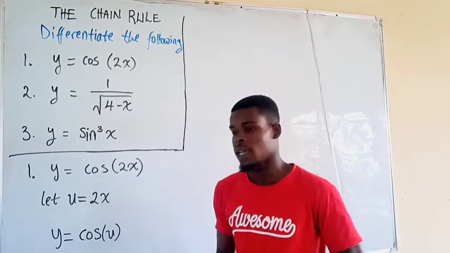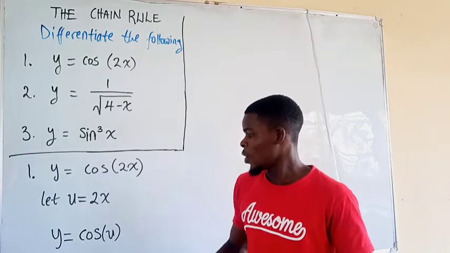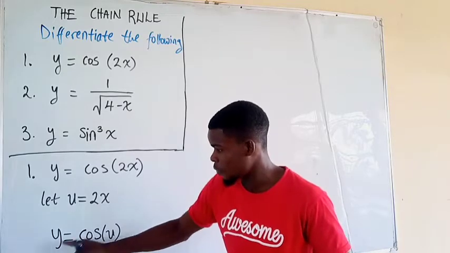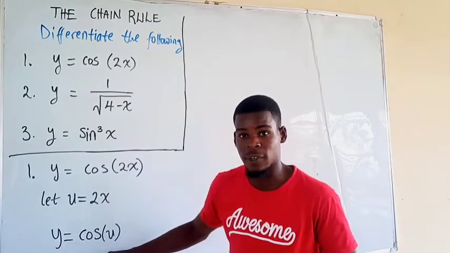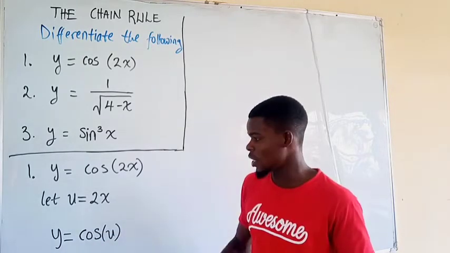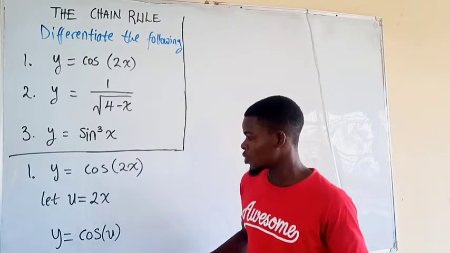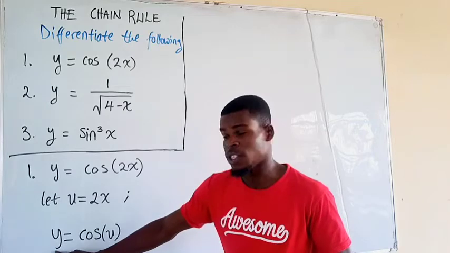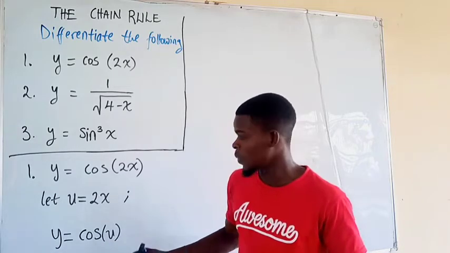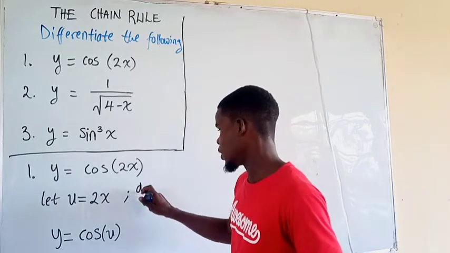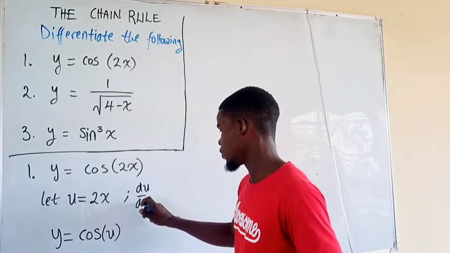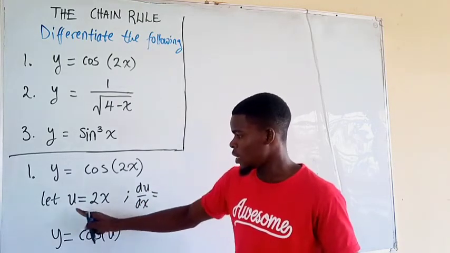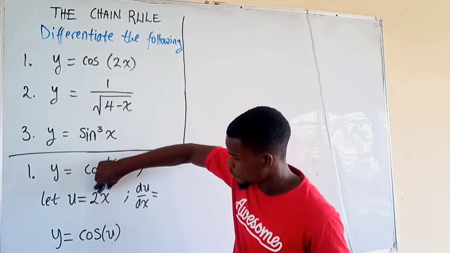Good. And now, when we make the substitution, and using the substitution we rewrite the function, we are going to have to differentiate each of these, right? So I'm going to differentiate u with respect to x, and I'm going to differentiate y with respect to u. Good. So I'm going to put it down like this. du/dx will be, well, since u equals 2x, du/dx will just be the derivative of 2x, right?